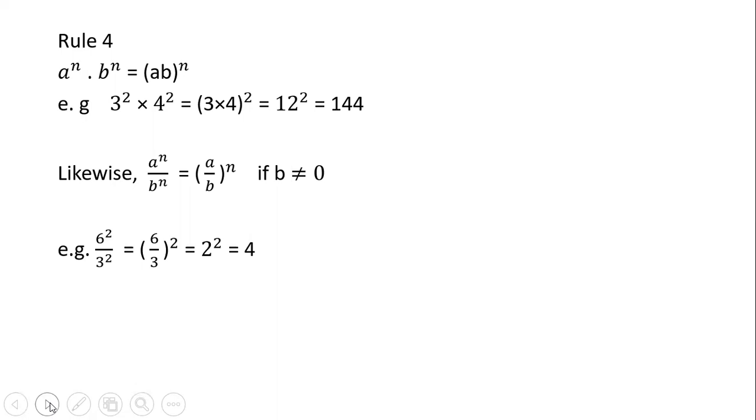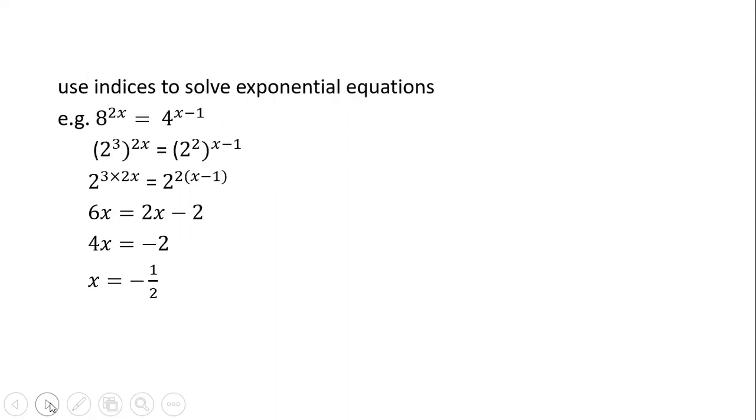For example, if we have 6 raised to 2 divided by 3 raised to 2, then you get something like 6 over 3 raised to power 2, which will give us 2 raised to power 2, which is equal to 4.